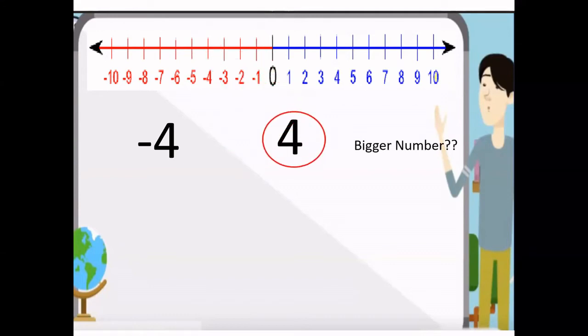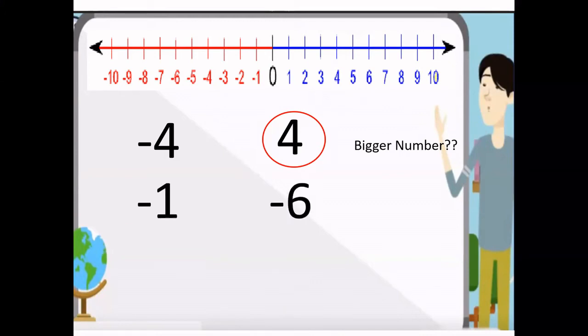It's +4, because it is found on the right side of -4. Thus, it is bigger than -4. 4 is found on the right side of -4.